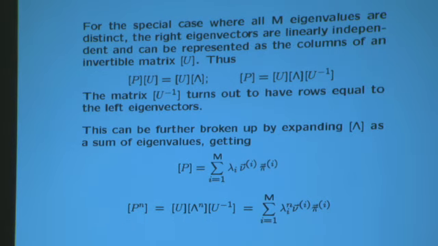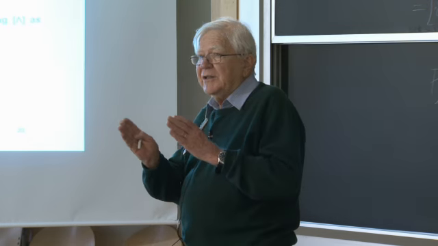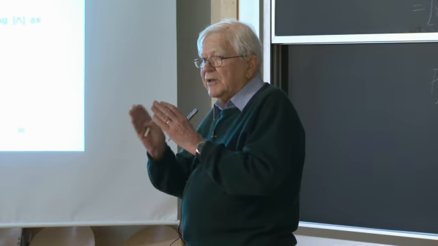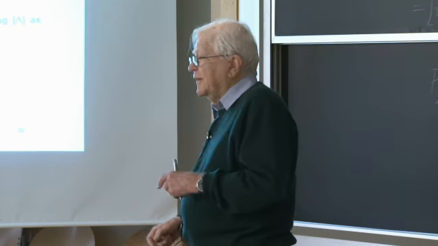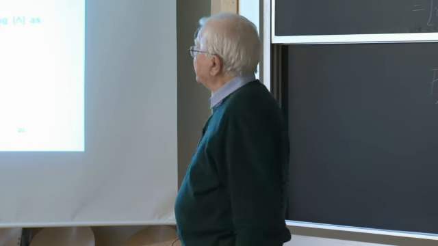And if these eigenvectors span the space, then the set of eigenvectors are linearly independent of each other. And when you look at the set of them, this matrix here has to have an inverse.